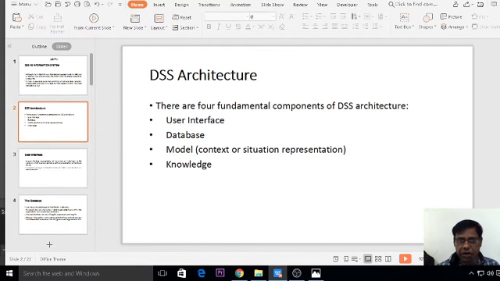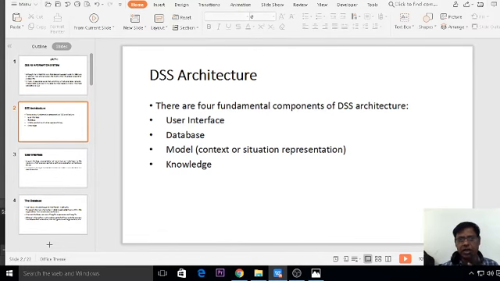So knowledge. Knowledge means what we are going to apply for a better decision support system. Based on the database, based on the particular model, we retrieve that particular model, change the model a little bit, and present it for a better solution to the problem. Because of that, I said these four are only one.